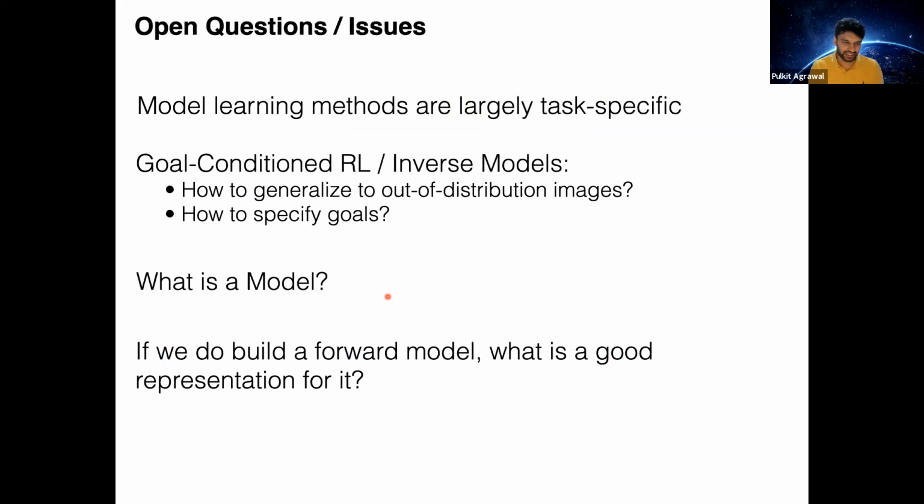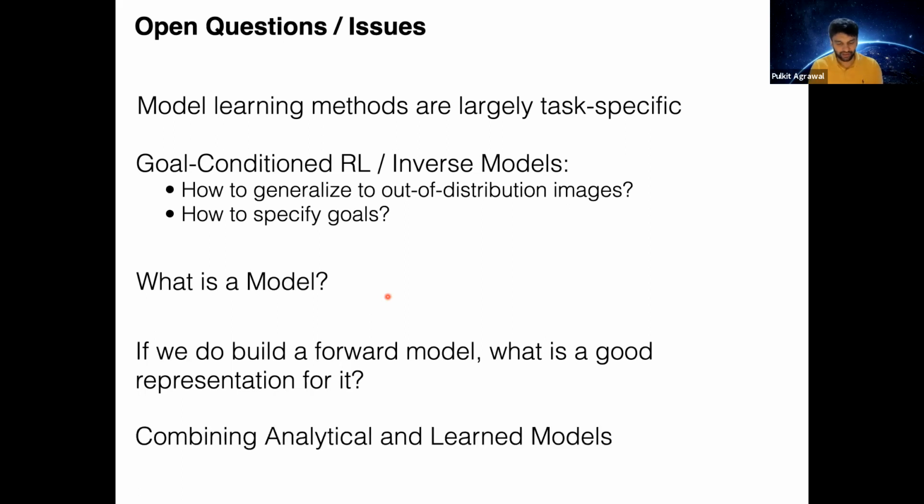Another open question is, if we were to build a forward model, what is a good representation for it? Some of it we'll touch upon in this lecture. And lastly, if we do have analytical models available, then how do I combine the best of both worlds of learning and analytical models?